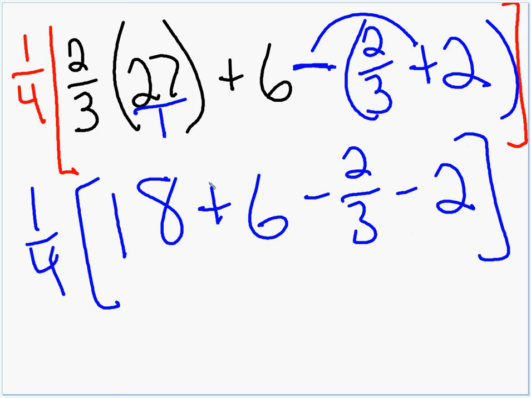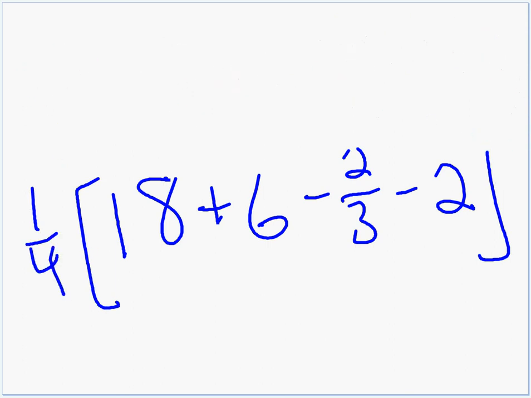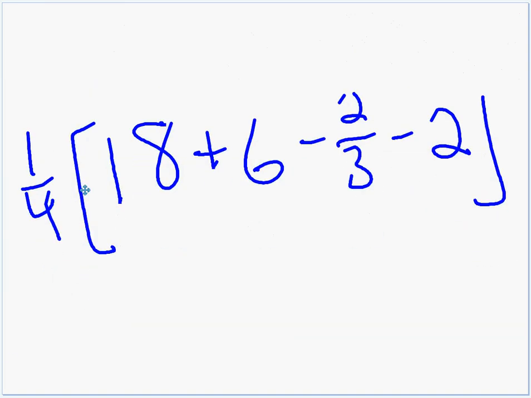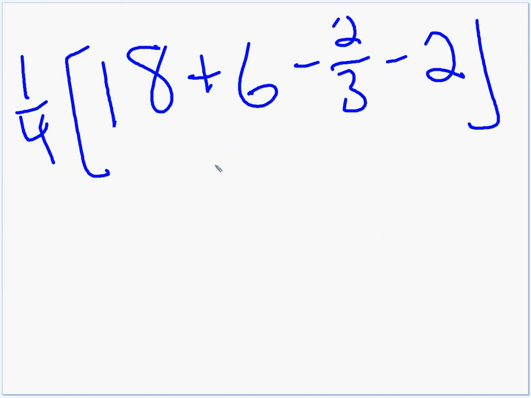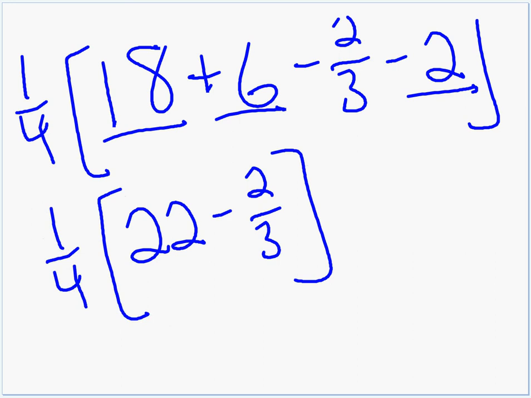So let's just work with those whole numbers first. 18 plus 6 is 24. 24 minus 2 is 22 minus 2/3. And we're going to multiply that by a 1/4. Let's see, 22 minus 2/3. That would be 21 1/3 with a 1/4 out front.